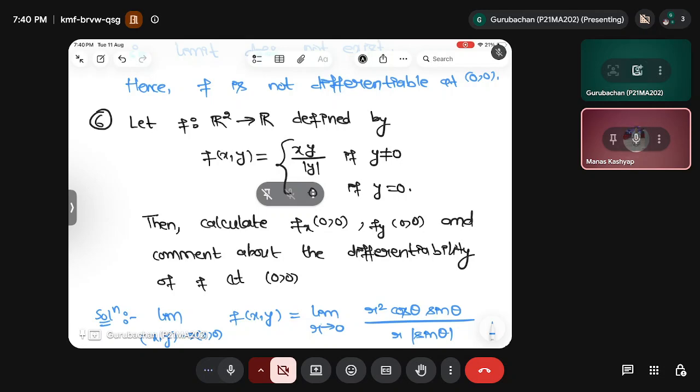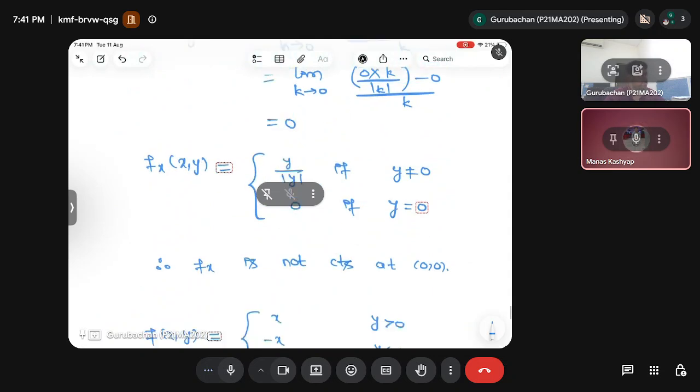Yes, sir. For f x, the partial derivative with respect to x, we have y upon mod y, which is obviously not continuous. The modulus function will give 1 and minus 1. And for f y, we are just redefining but not differentiating.